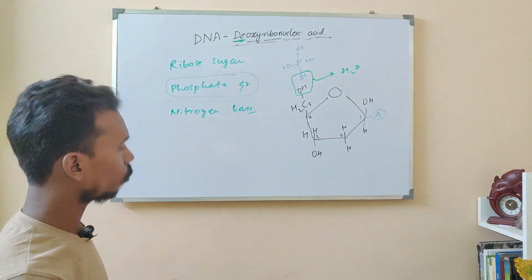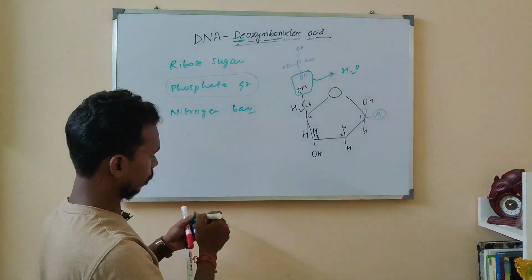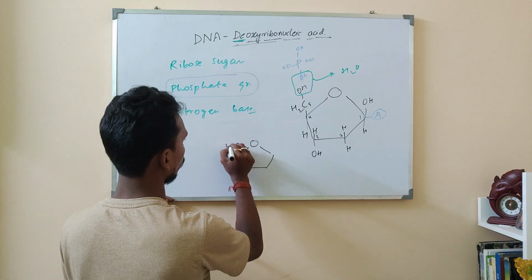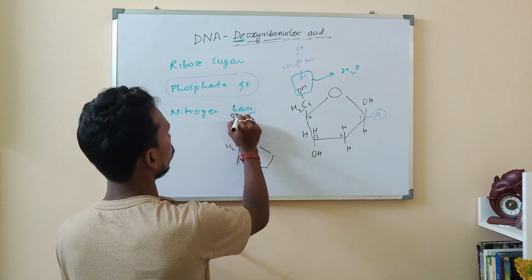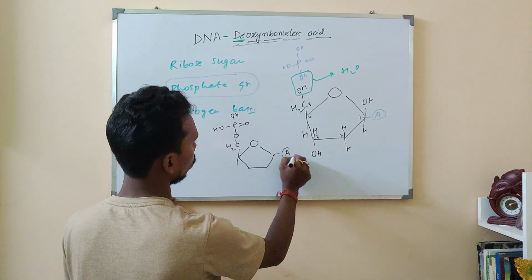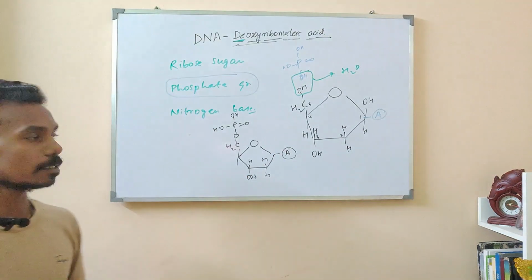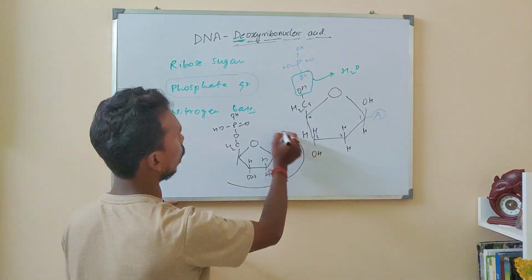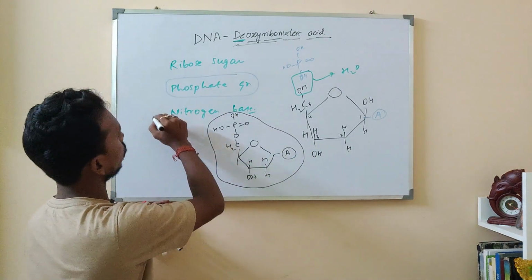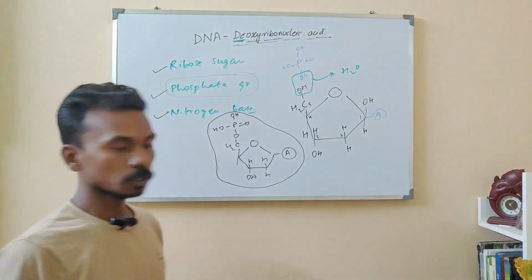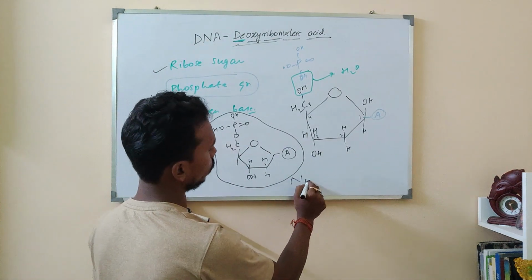After removing one water molecule, the structure will become so. This is the structure you get after combining the nitrogen base, phosphate and ribose sugar all together. So this one is actually your nucleotide.